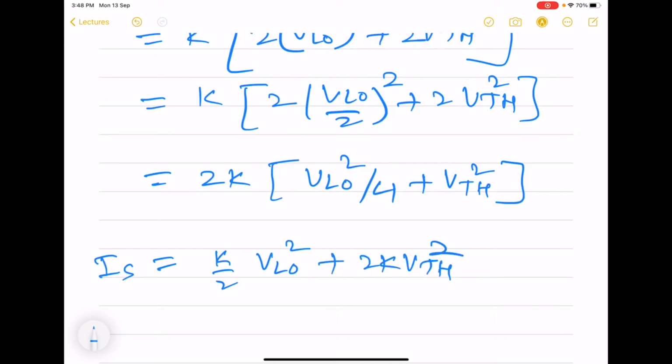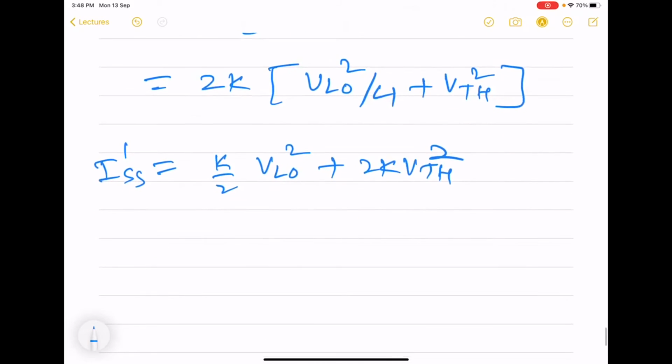So this is ISS dash. So here we can see that this is constant, and this one is what we have been looking for.